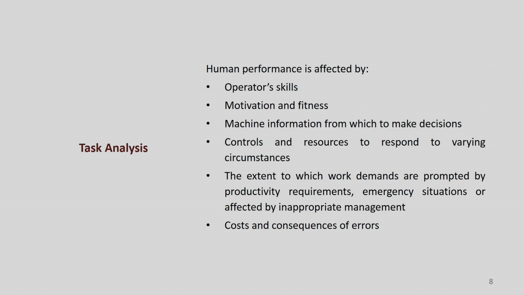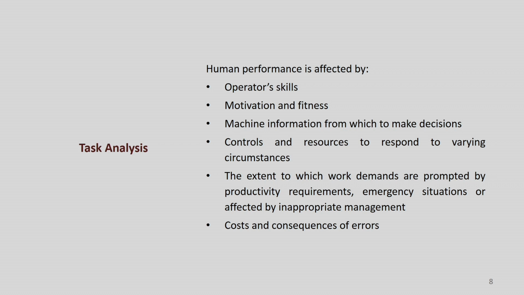Do you understand how we are taking it? Then controls and resources to respond to varying circumstances, the extent to which work demands are prompted by productivity requirements, emergency situations or affected by inappropriate management, and also the cost and consequences of errors. Now, let us understand all these points with that example.